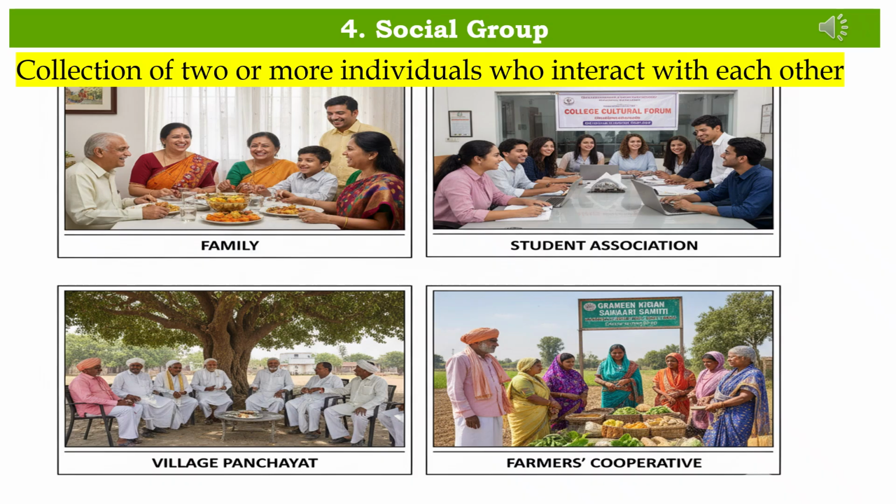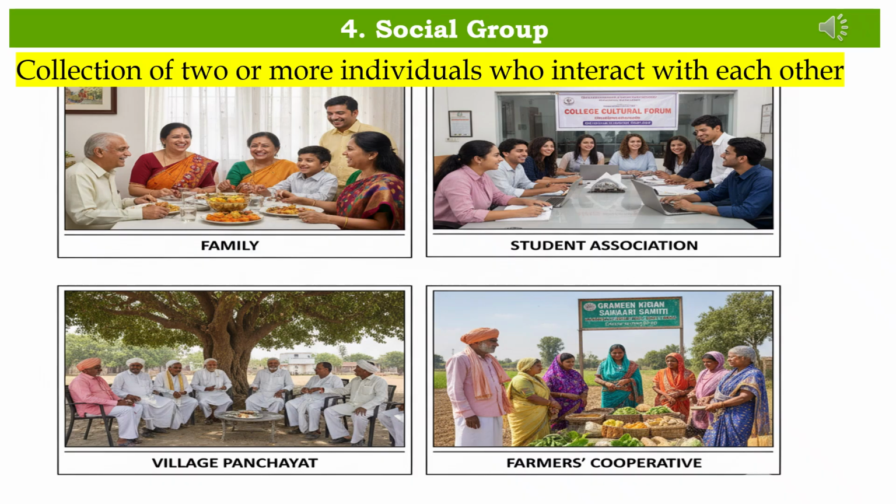4th, social group. A social group is a collection of 2 or more individuals who interact with each other, depend on one another, and work together to achieve common goals or objectives. Members share a sense of belonging and maintain regular interactions.